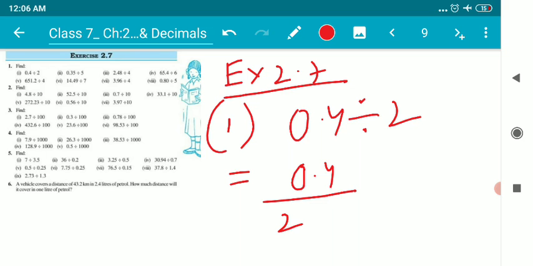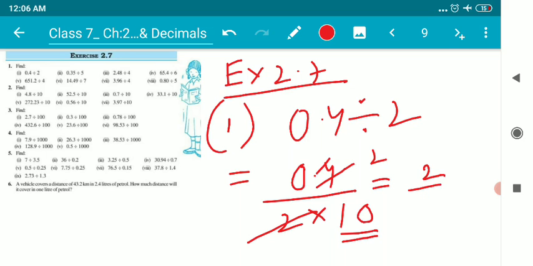Okay. Remove this point, get 1, and after the point there is 1 digit, so 10. Children, my suggestion is not to touch this 10. Don't cancel this 4 with 10. Don't do that. Just let this 10 be as it is. Cancel 2 with 4. 2 2s are 4.